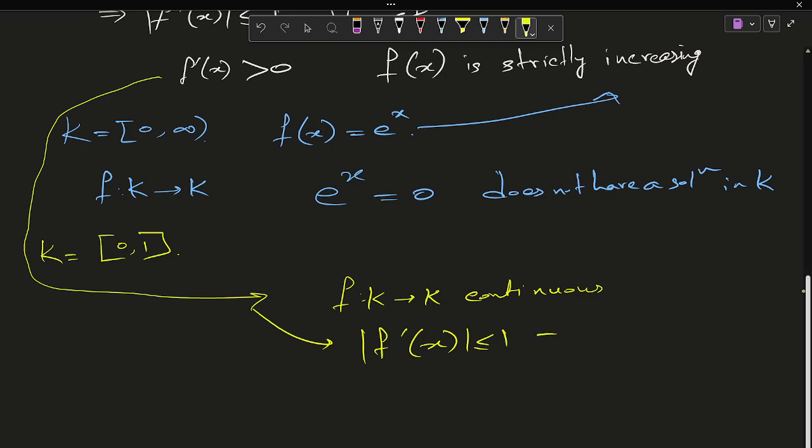So f'(x) is greater than 0 for all x belonging to K, and so f(x) is strictly increasing here.